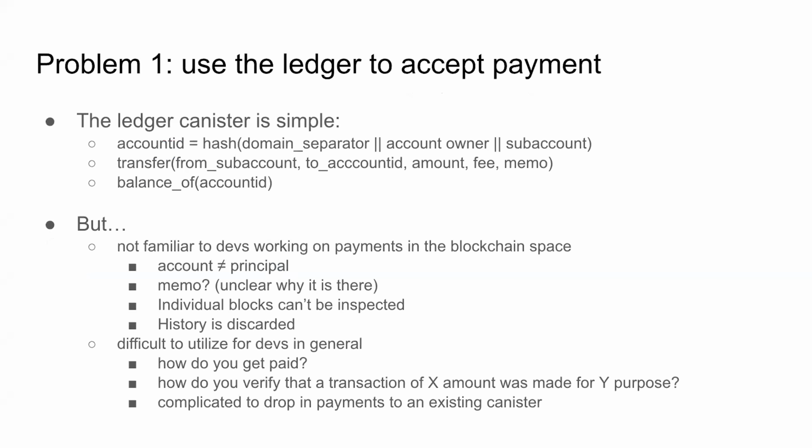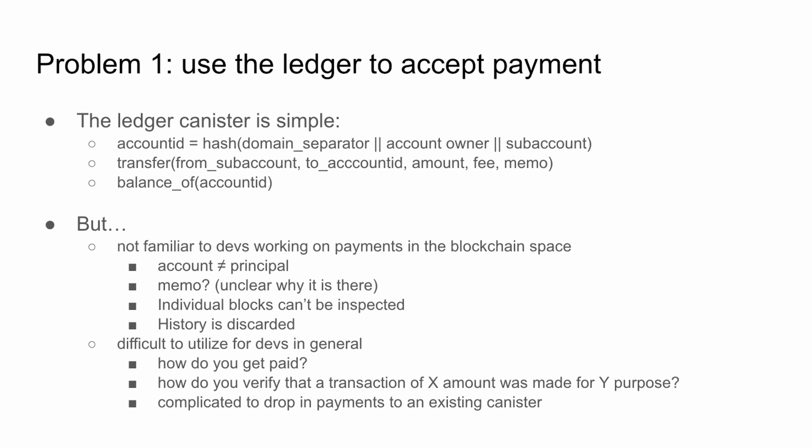Currently, it's relatively complicated to set up with the Ledger Canister. The canister itself has some very simple features such as the account ID, the ability to transfer, and check the balance of an account ID. However, it's not necessarily going to be the most intuitive to people who are working in the blockchain space already, such as the account is separate from a principal, the memo field is not necessarily the most transparent, and you can't inspect individual blocks.